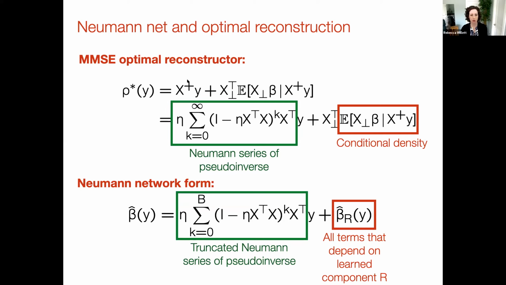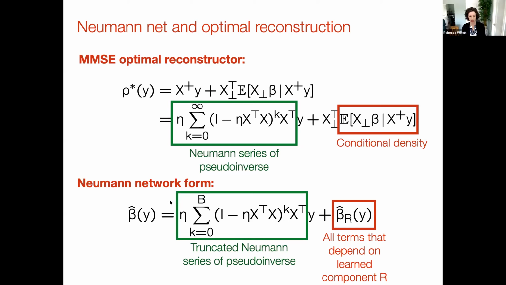And we said it had these two parts, this pseudo inverse of x applied to y and x perp transpose times this conditional expectation. So what I can do is take this pseudo inverse of x and replace it with a Neumann series expansion and have an equivalent representation of this optimal reconstructor. And then I can compare that optimal reconstructor's form with what I'm getting from the Neumann network architecture that I just described.